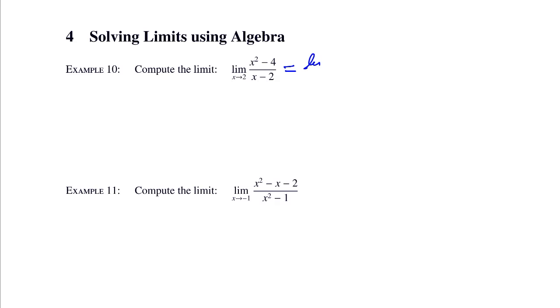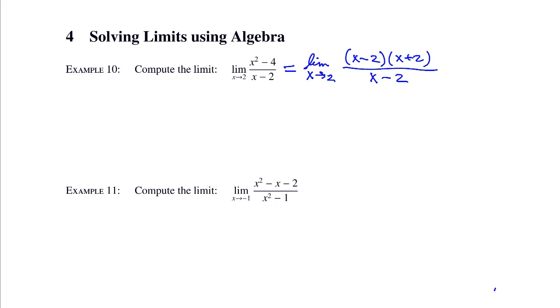You need to factor x squared minus 4. What cancels? X what?